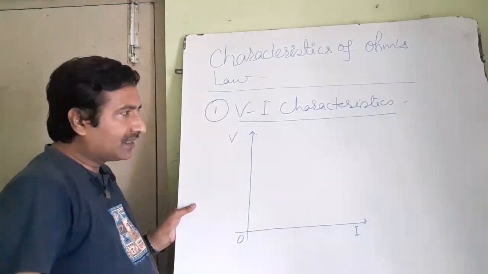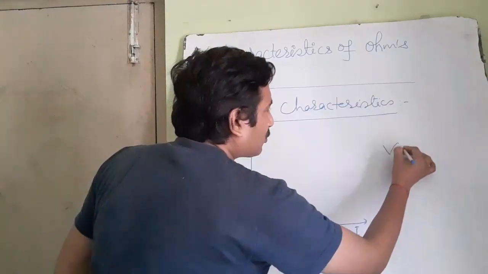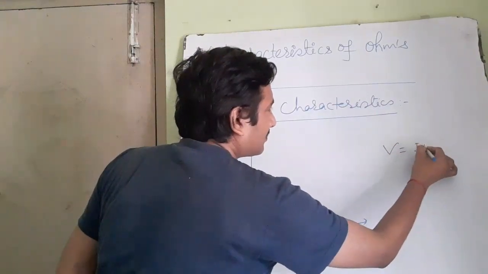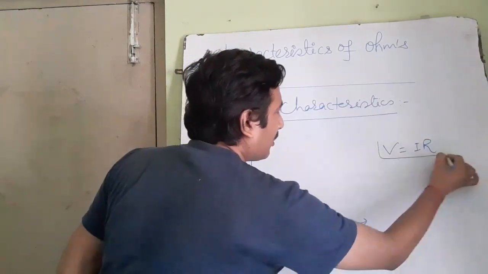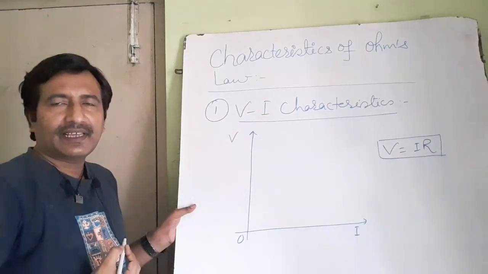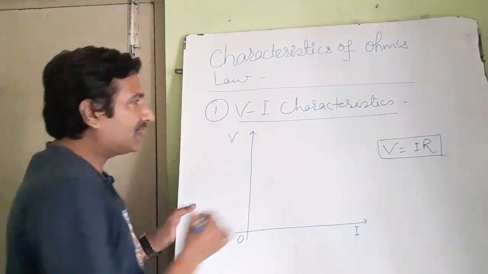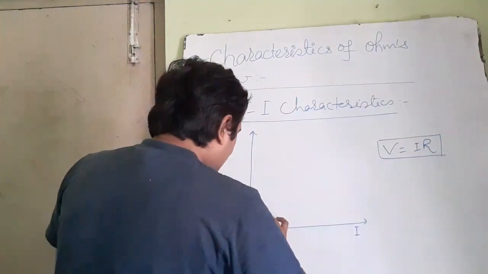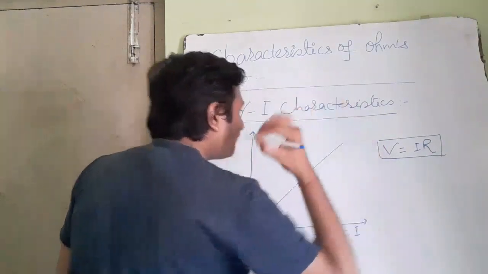Okay? So you know V is equal to IR. This is Ohm's law, provided R is constant. And if you draw a graph for this, the graph is like this.